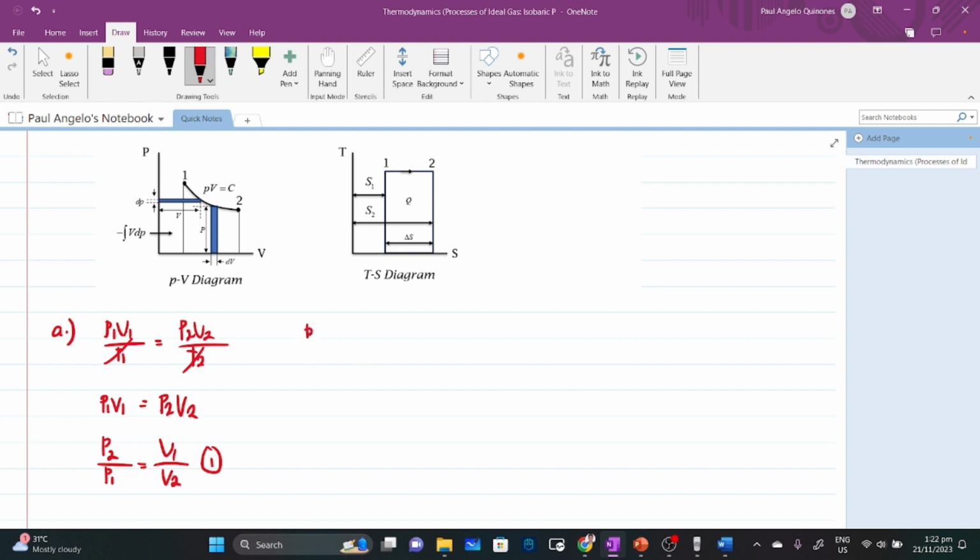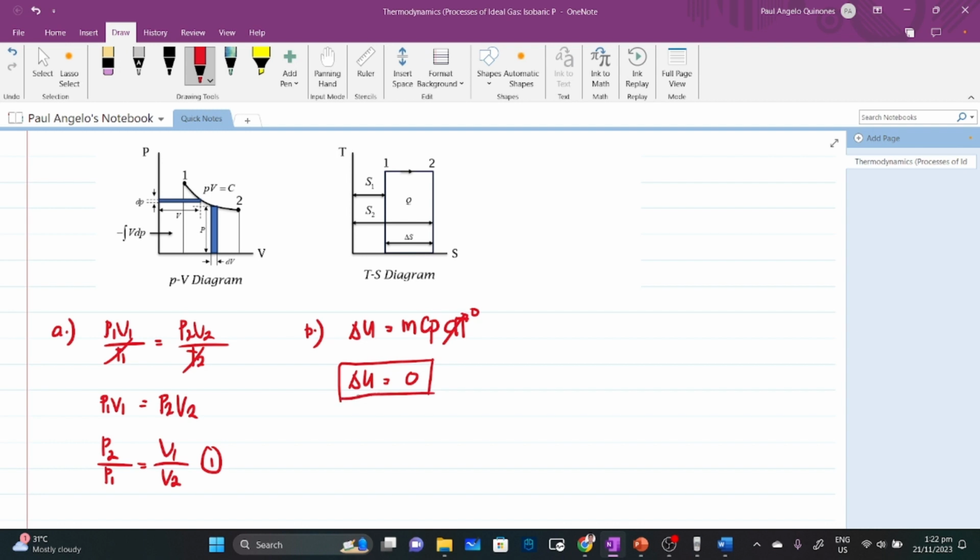Next, letter B. Same as before, we have the change in internal energy first. This is m Cv dT. Since this is an isothermal process wherein there are no changes in the temperature, we can assume that dT is equal to 0, leaving us with the whole term of your internal energy to be equal to 0.